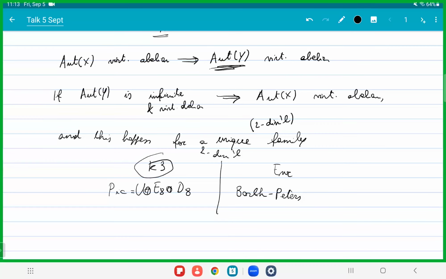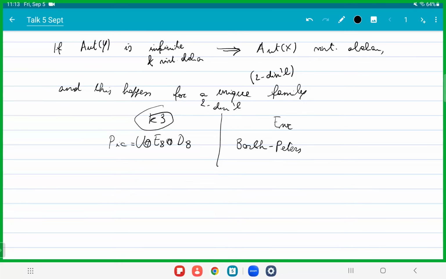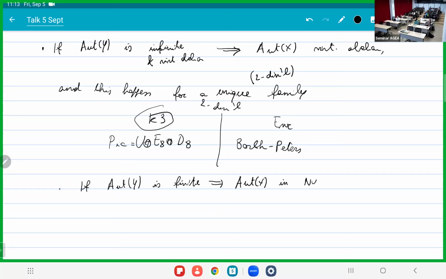Thank you. A quick question about this. Are there examples of Aut(Y) being finite and the other not being, or we just don't know? Yes, actually, another thing I can say is that if the automorphism group of the Enriques surface is finite, then the automorphism group of the K3 cover is not virtually abelian. Oh, I see. It's very strange.